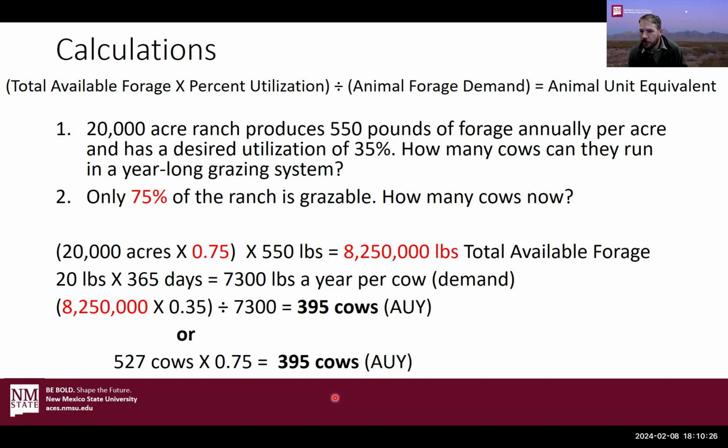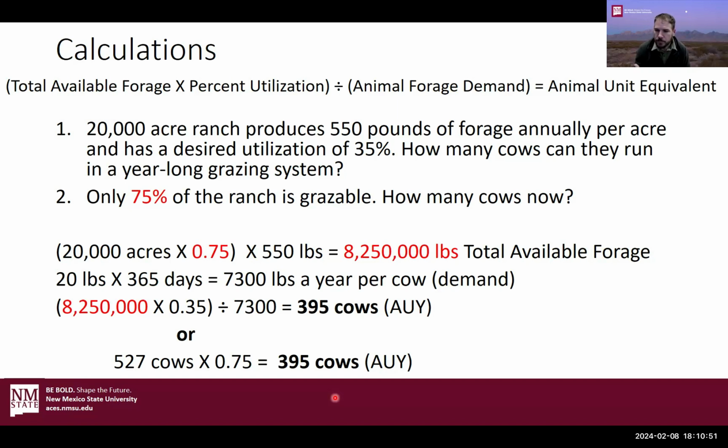So the reason I'm setting the stage of making sure that you do the acres first is because sometimes we get lost in the latter part when we do calculations and give us the wrong numbers. But this particular scenario, yes, all you have to do is times your animal units by 75%, and that will give you your new number.